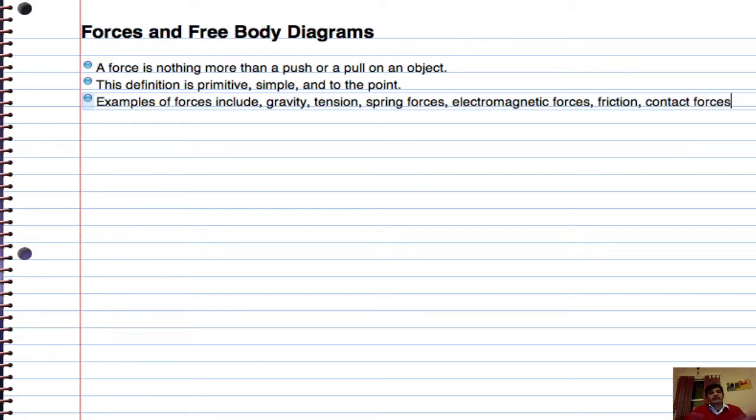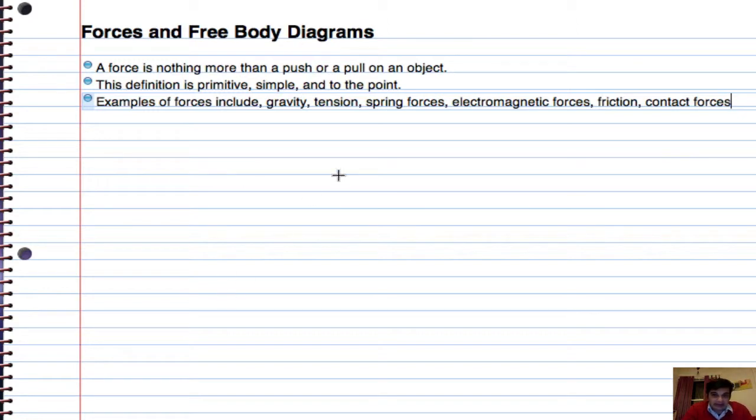There's a whole host of other forces I haven't even bothered to name, nor am I going to. We just know that there are these pushes and pulls that happen in nature, and we're going to call those things forces. Okay, and we know that they act because they make objects want to speed up or slow down or change direction. But there we're getting really into Newton's laws, which I don't want to spend time on yet.